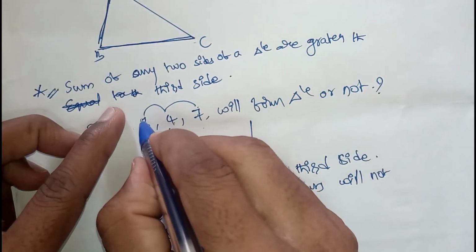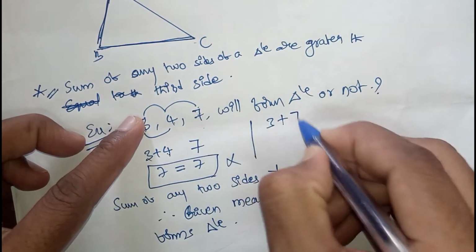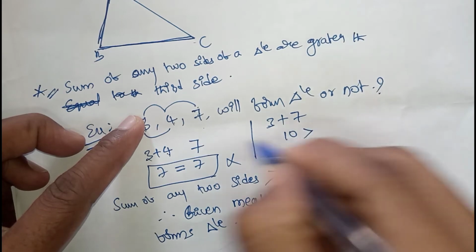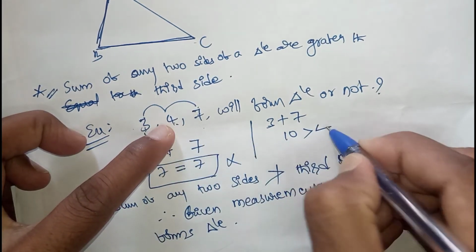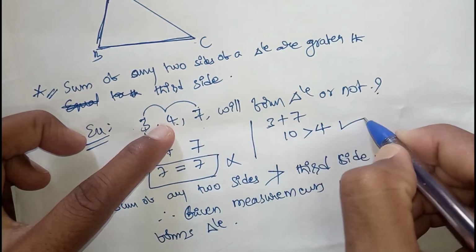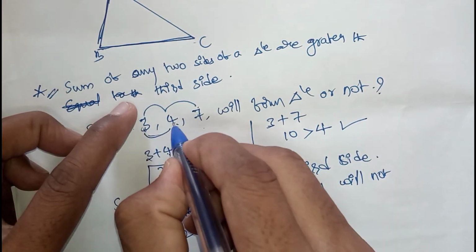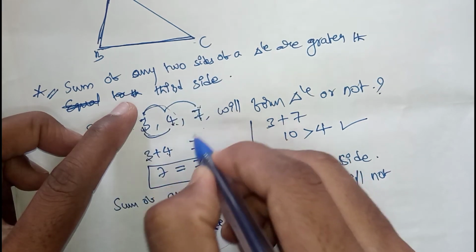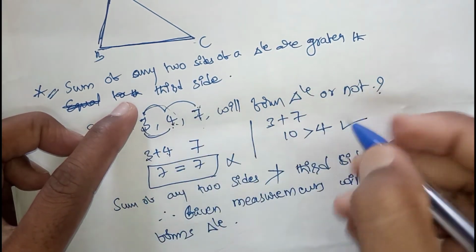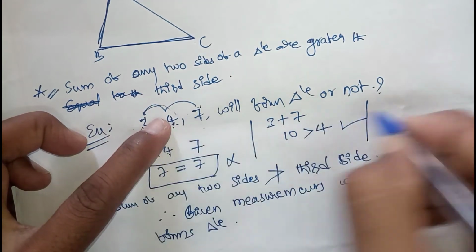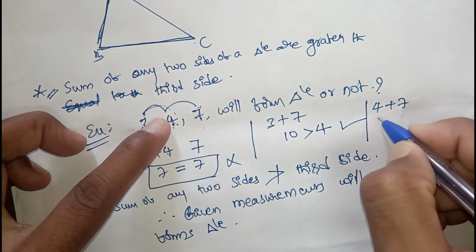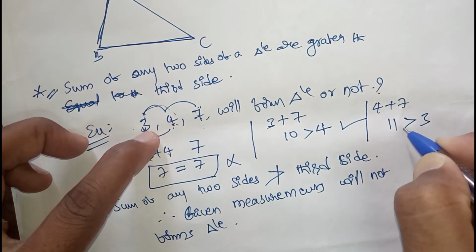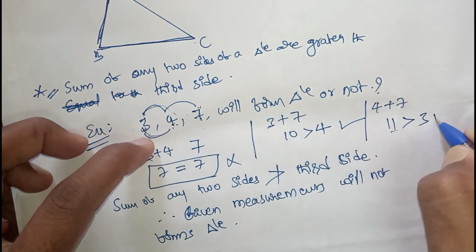Suppose you choose 3 and 7. 3 plus 7 we will get 10. 10 is greater than the third side, which is 4. So it is satisfying. First we have to check these two, then again 3 and 7, then again 7 and 4. 4 plus 7 we will get 11. 11 is greater than the third side, which is 3.